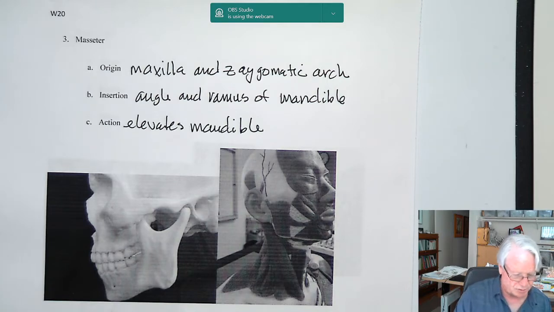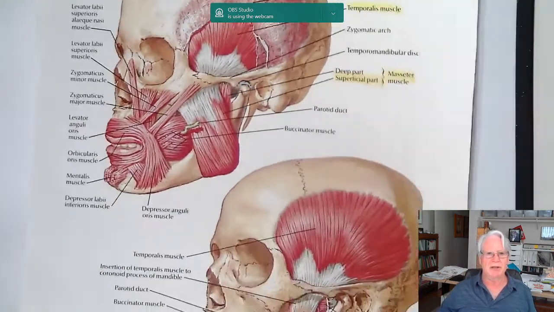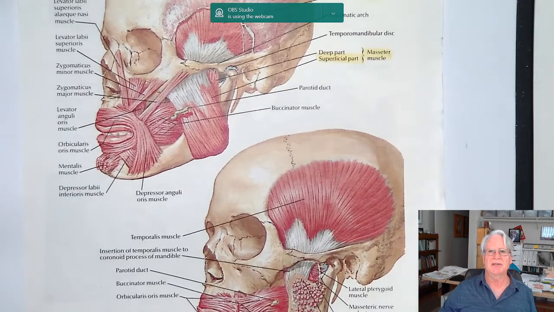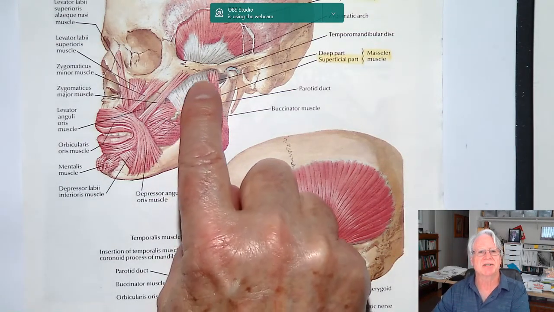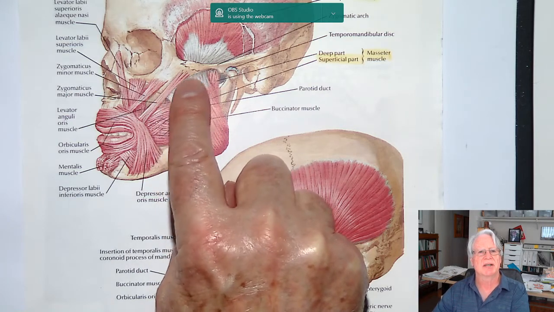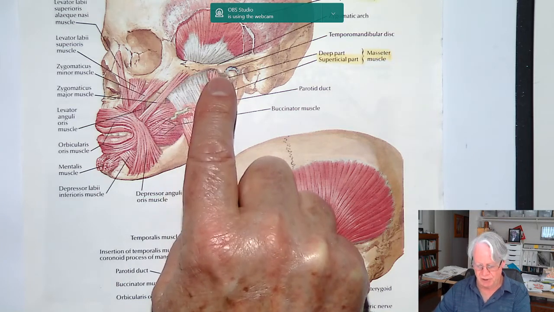Let's start with this one. Again, this is from Netter, our friend. So here is a very nice image of that. As you can see, this is the masseter muscle, running along this region here, and the zygomatic arch.